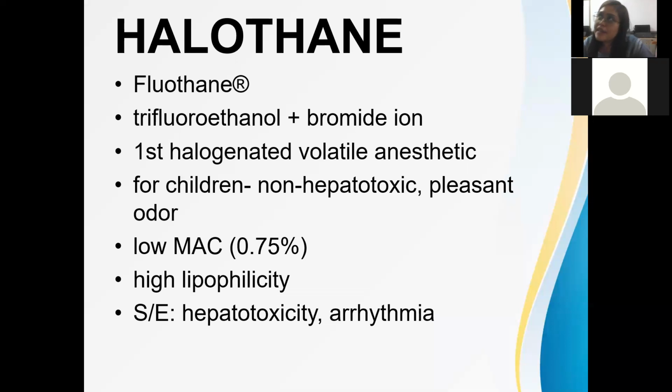Mostly, by the way, our general anesthetics are halogens. So they are halogenated general anesthetics. As you can see, for halothane, aside from fluorine, it also has bromine. So this is the first halogenated volatile anesthetic.